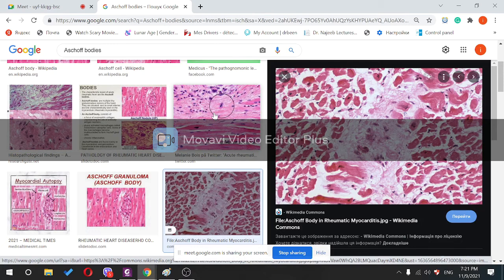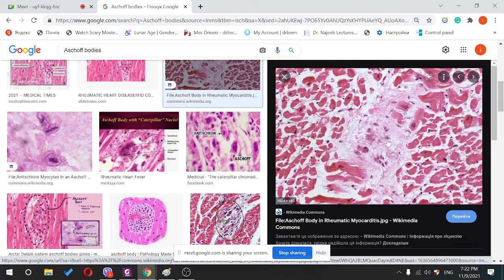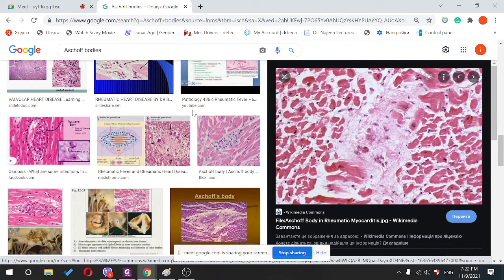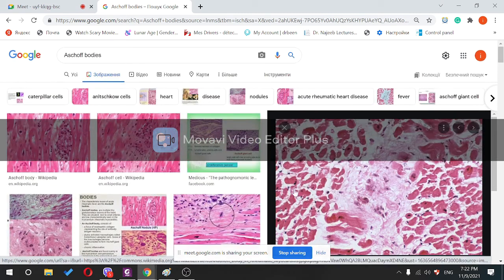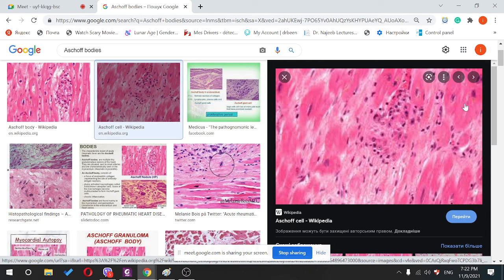I told you in case of causes that are not directly infectious, like this one, which is a type 2 hypersensitivity, it's not directly infectious. Thus, will this granuloma be caseating or non-caseating? Non-caseating, exactly. So in these cells you can have Aschoff spots and Anitschkow cells. So exactly, no central necrosis in case of non-caseating.